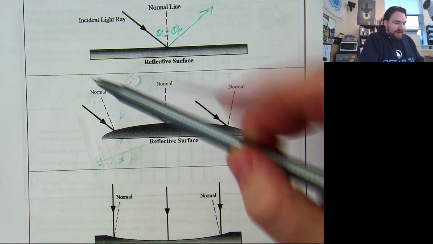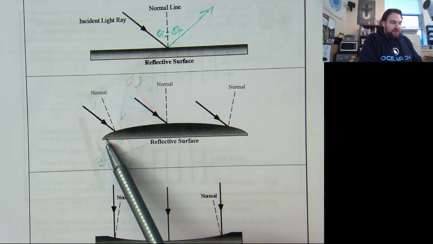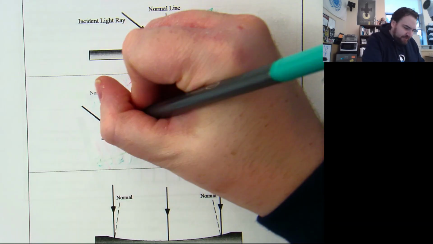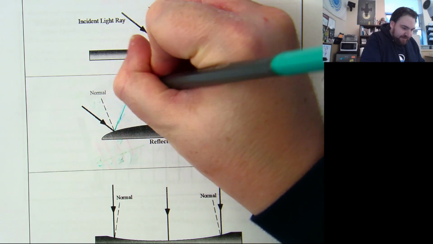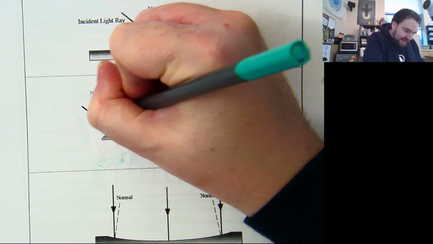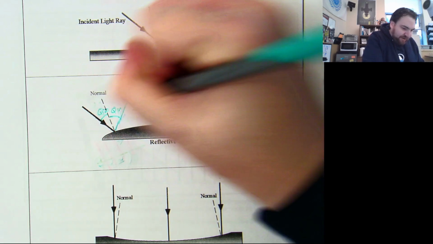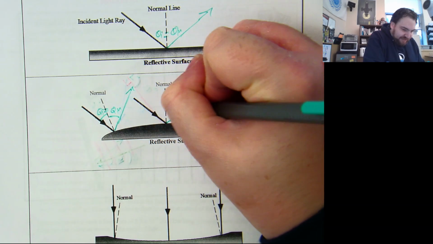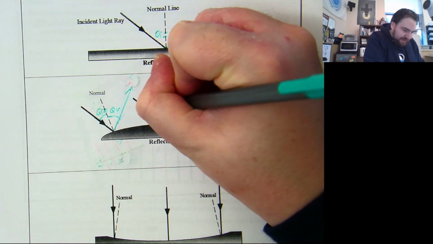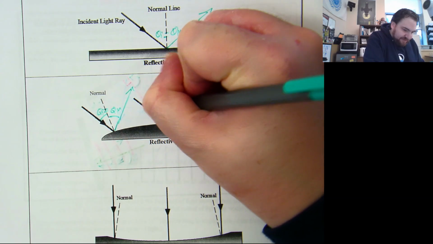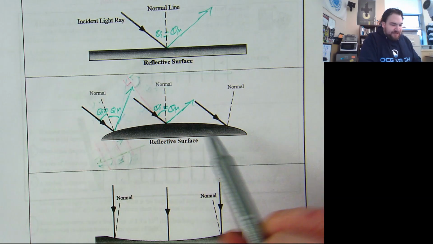You get light coming in from all over the store, it hits this circular mirror, and this angle and that angle are going to be equal for all of these things. Theta I equals theta R. You're going to get light bouncing in here. Theta I equals theta R for this interface.